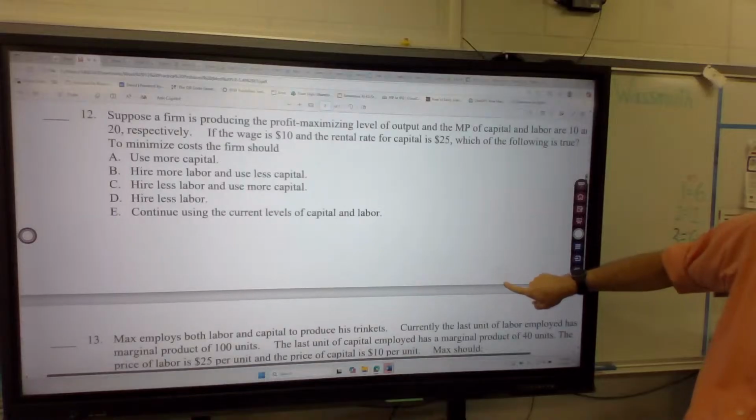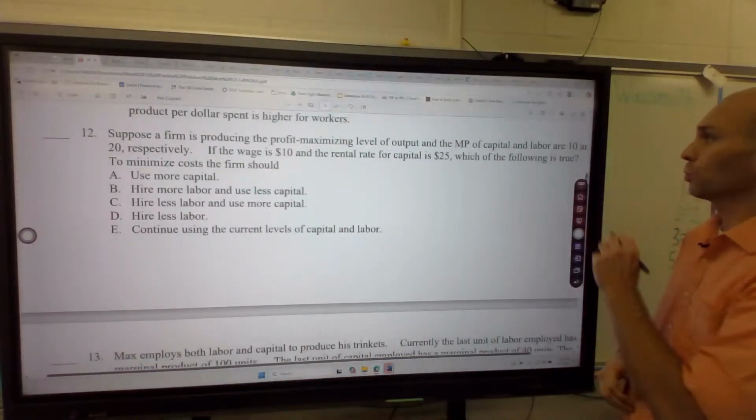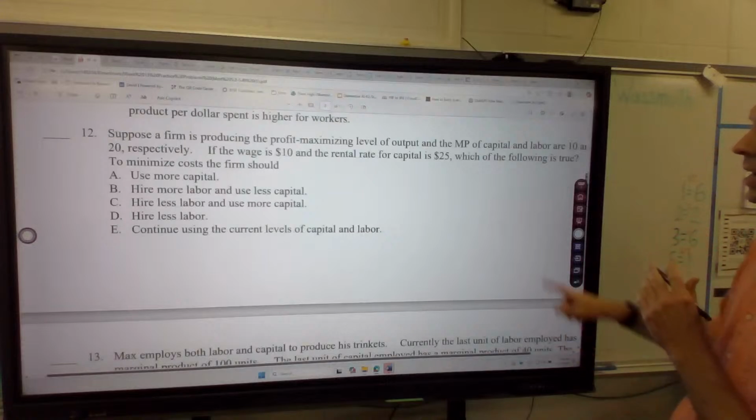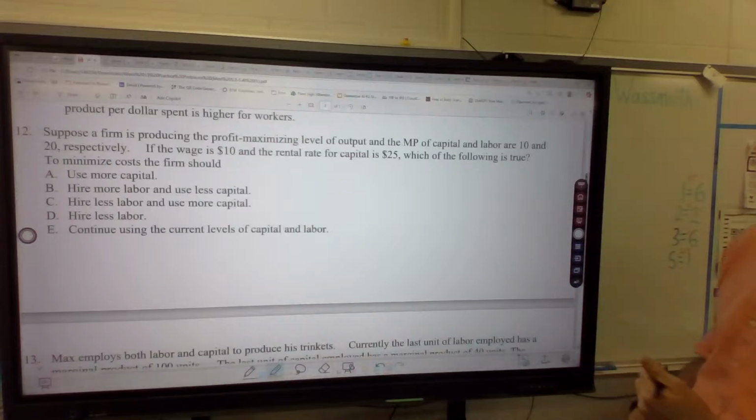Suppose firms produce a product line of output and the marginal product of capital and labor are 10 and 20 respectively. The wage rate and rental rate, so it's an optimal consumption level, right?